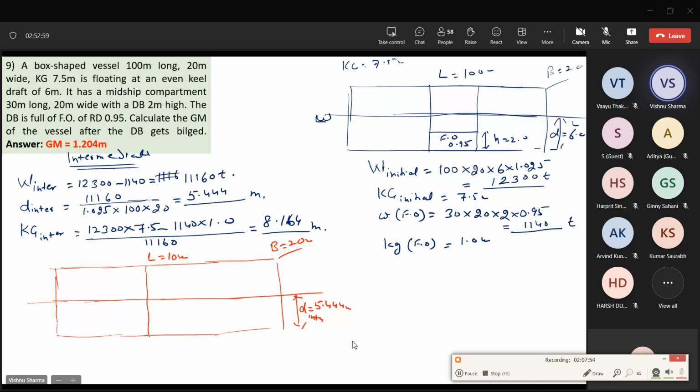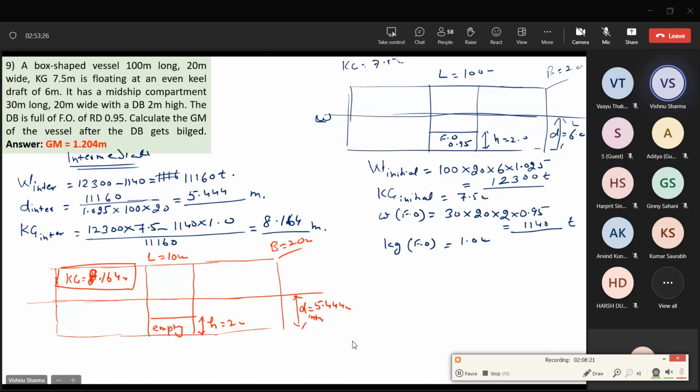There is a midship compartment here with a DB of 2 meters height. And the KG of this vessel, incidentally, now is 8.164 meters. Please pay attention to the draft and KG. And this is now empty.